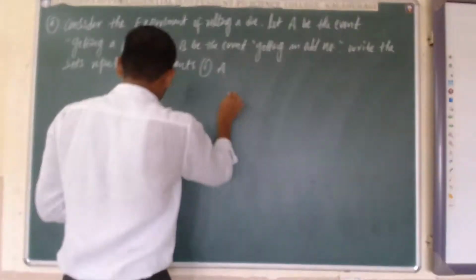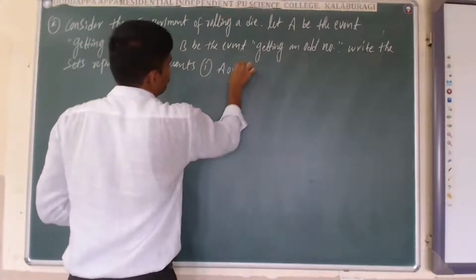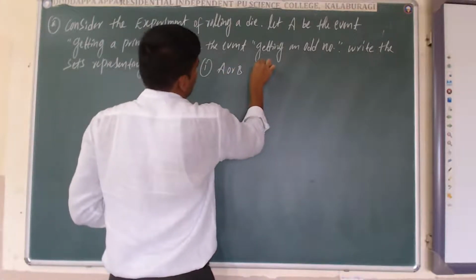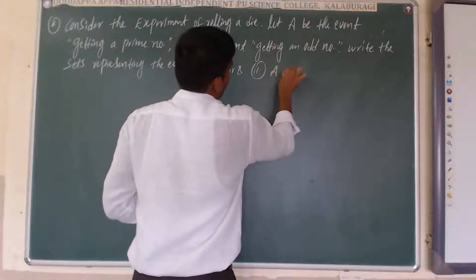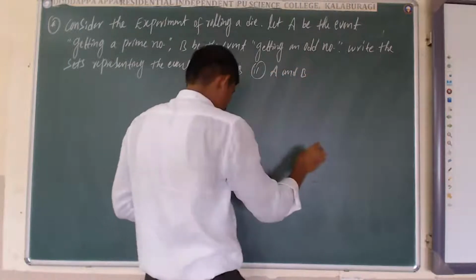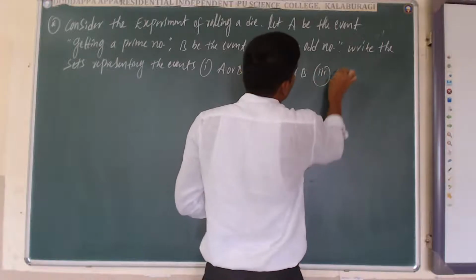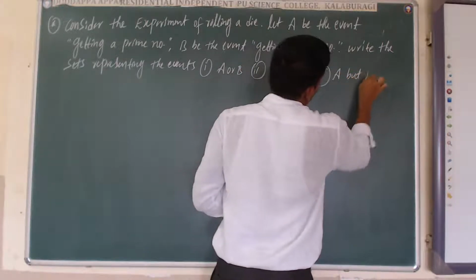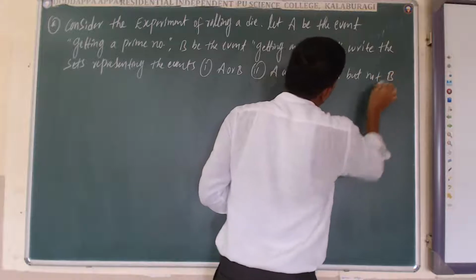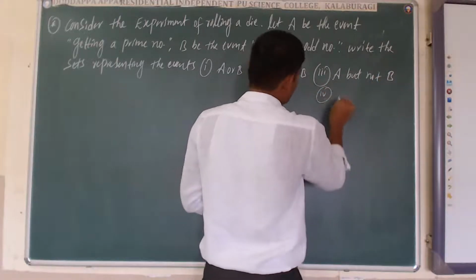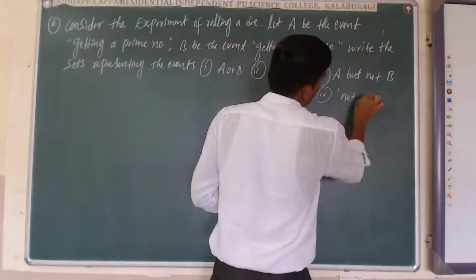First one is A or B. Second one is A and B. Third one is A but not B. And fourth one is not A.